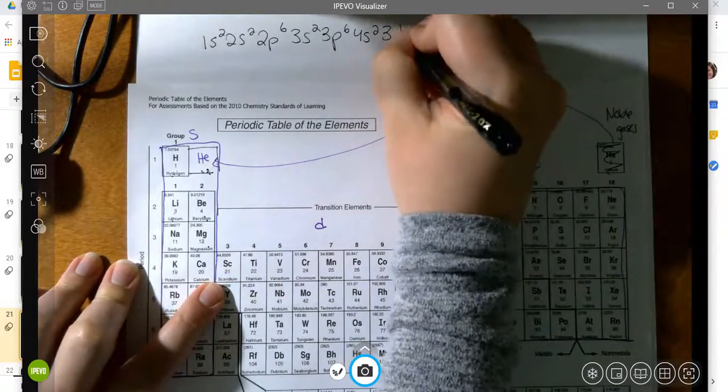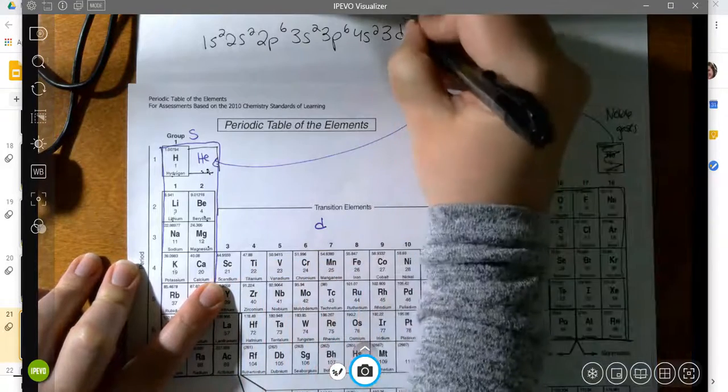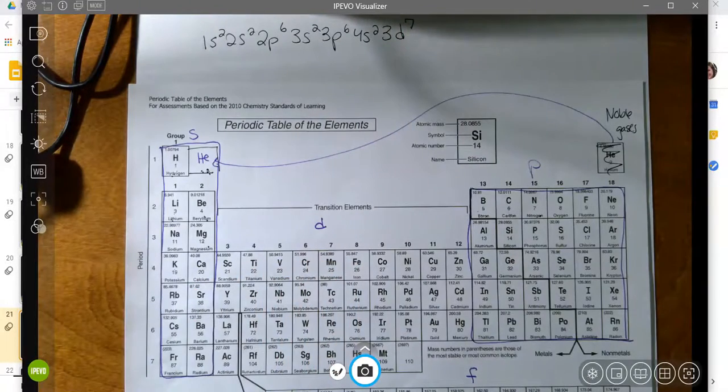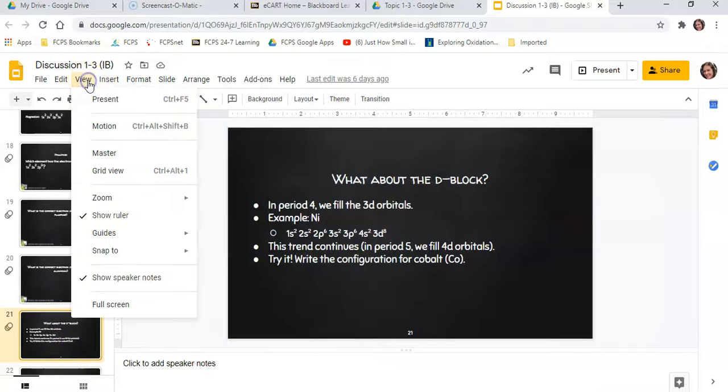So we'd say 3d, 1, 2, 3, 4, 5, 6, 7. Okay? So that's just kind of something you have to remember, unfortunately. It's just one of those things.